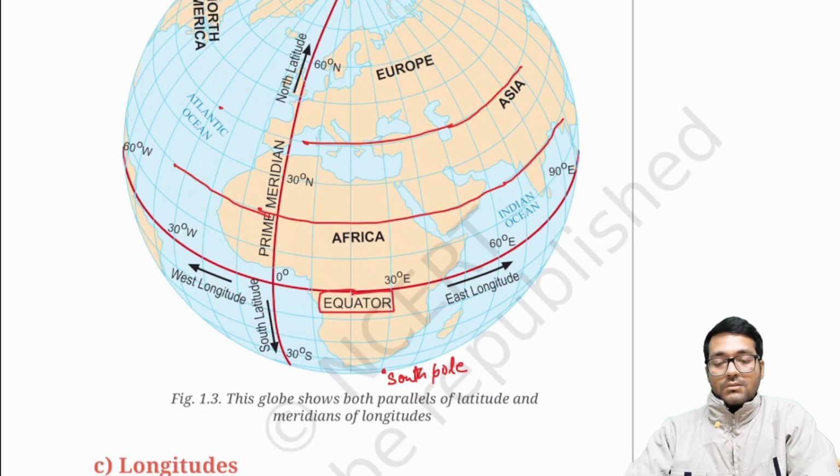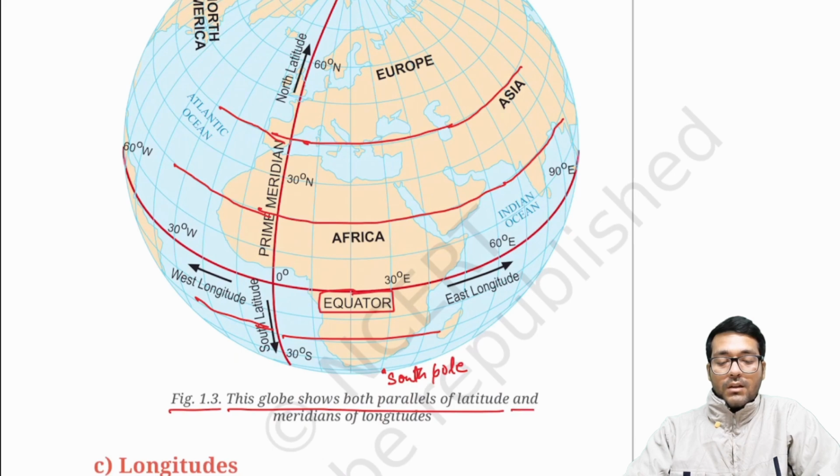You can see as you move towards the poles, the size of the circles decreases, or the size of parallels of latitude decreases. Figure 1.3. This globe shows both parallels of latitude and meridians of longitude.